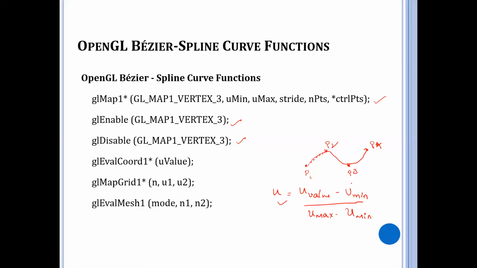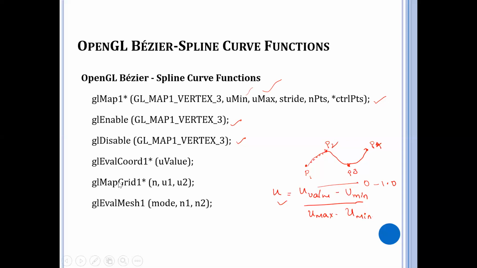That means this value can be from 0 to 1.0 for you. Next, you have the values assigned here for umin and umax. Substitute, you will get the value of u. So here this is for the generation of the curve, enabling and disabling, and here it's for the coordinate position along the curve path.